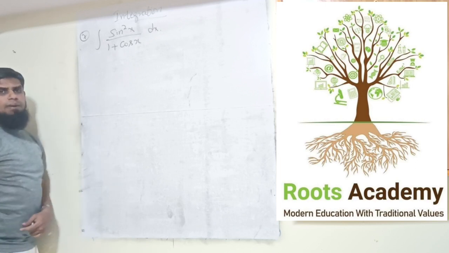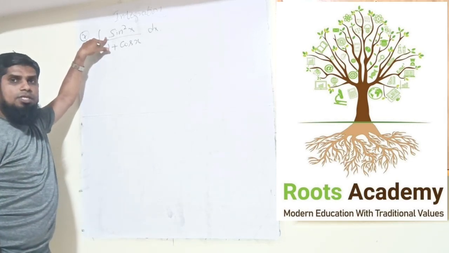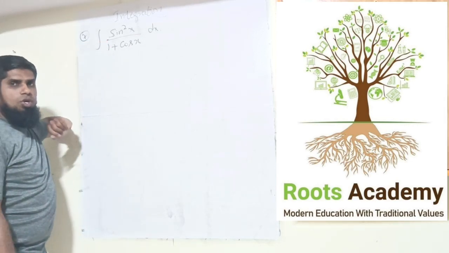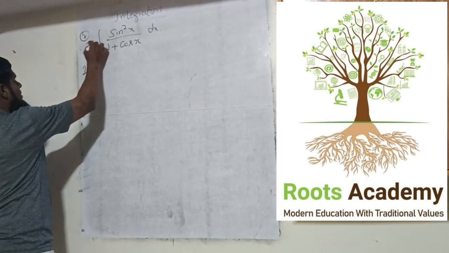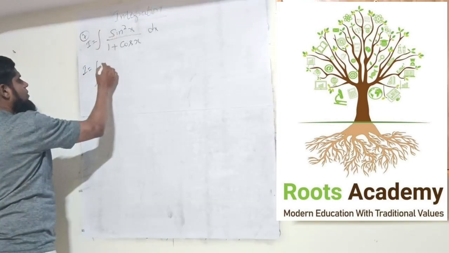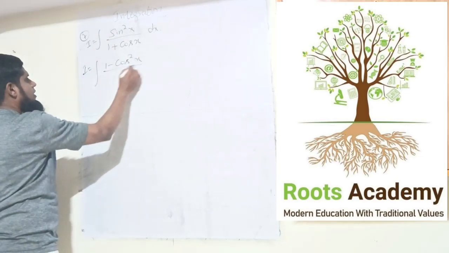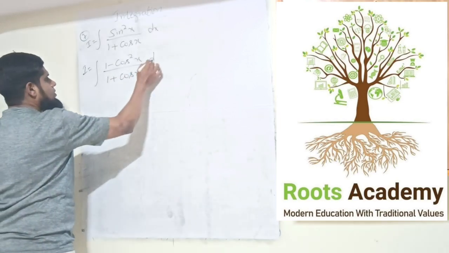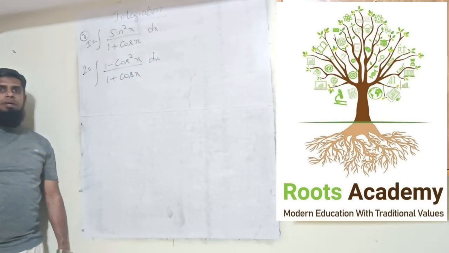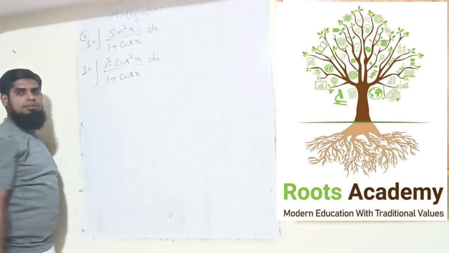So let us apply the identity in the numerator part. We know sin square x can be written as 1 minus cos square x. So I is equals to integral sin square x can be written as 1 minus cos square x divided by denominator same, no changes.